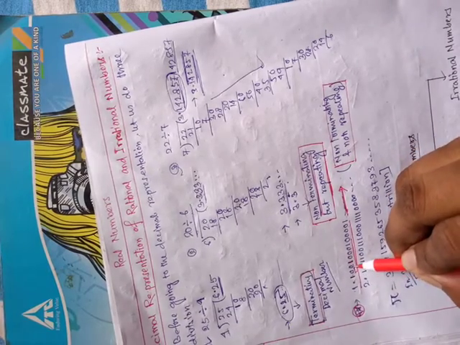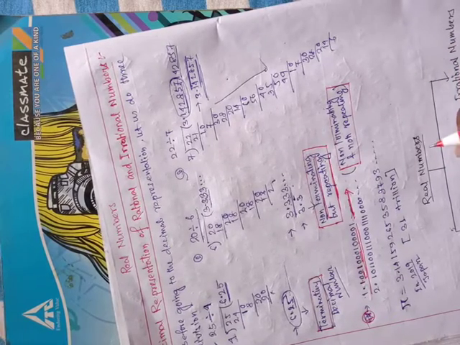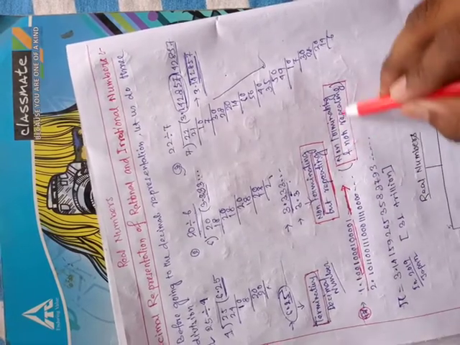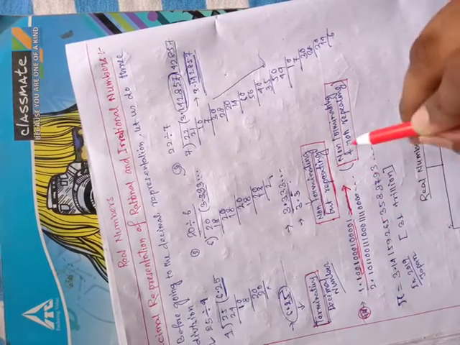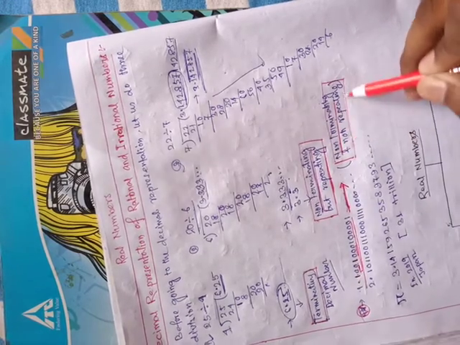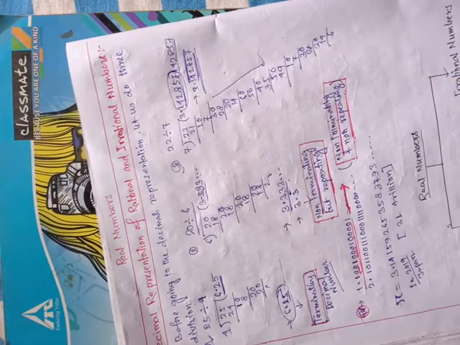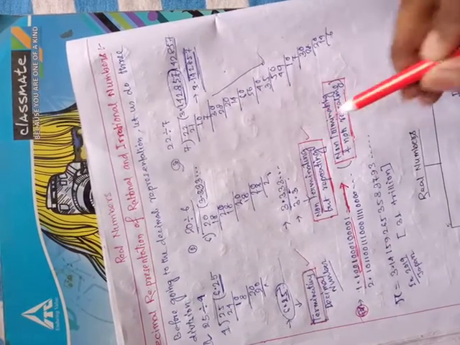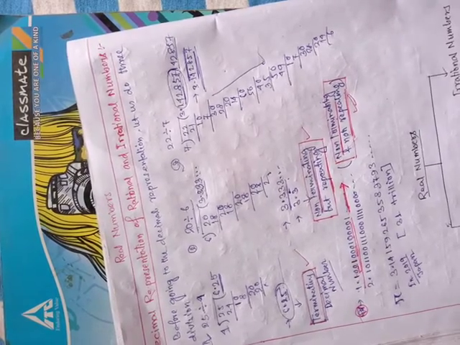But here the number of zeros keeps increasing, and this process goes on. So it is non-terminating and non-repeating. Understood? So there are 3 types of decimal representation: one is terminating, one is non-terminating but repeating, and another is non-terminating, non-repeating.